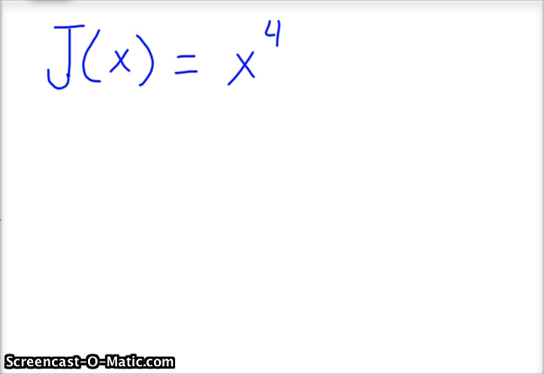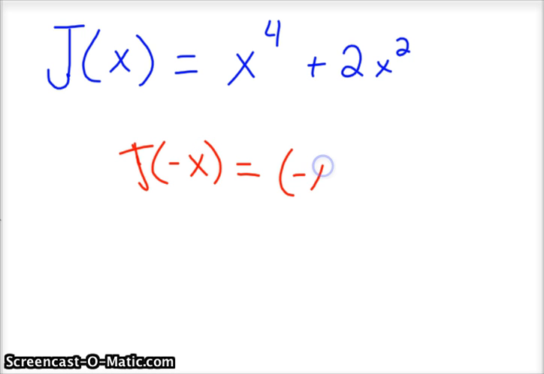And so that's the definition of even and odd. Now, what if I'd had just x to the fourth, or we can make it a little more complicated? Let's call this j at x equals x to the fourth power plus 2x squared. Let's test this one. When we test j at negative x, you'd have negative x to the fourth power plus 2 times negative x squared.